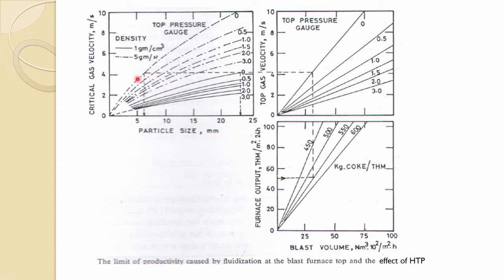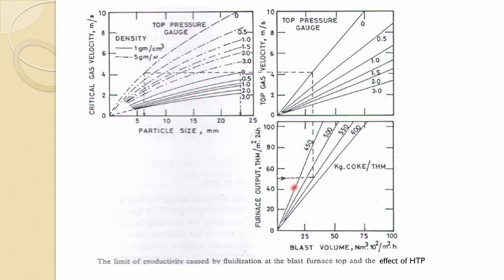So, this is really showing probably the minimum size, because the gas density is also important so that fluidization should not occur. So, that shows what size is needed so that fluidization should not occur. Based on that one can calculate a size distribution of the charge depending on all these parameters: gas density, charge density, the top pressure, the coke rate and the blast volume.